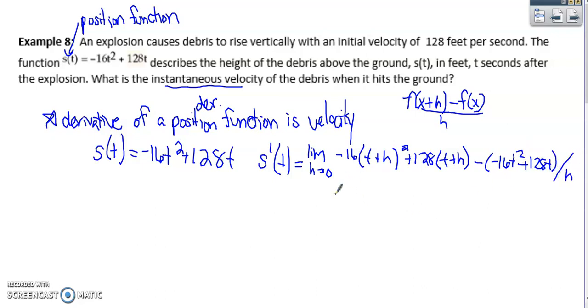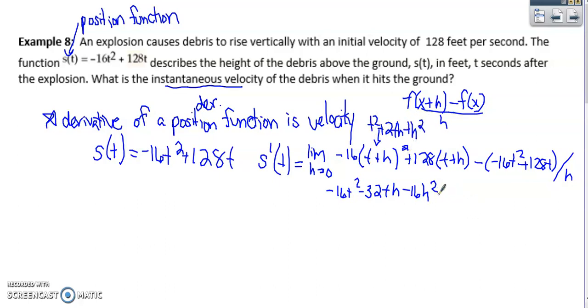All right, now doing lots of algebra. I happen to love algebra. I hope that you do too. Negative 16t squared minus 32th minus 16h squared. We have our same foiling out there, right? If you need a step where you FOIL that, t squared plus 2th plus h squared, totally fine.